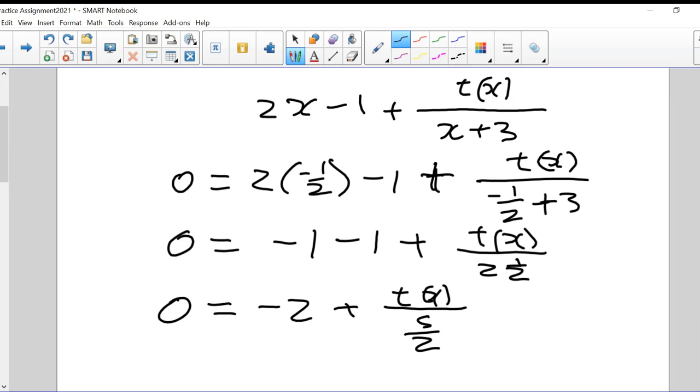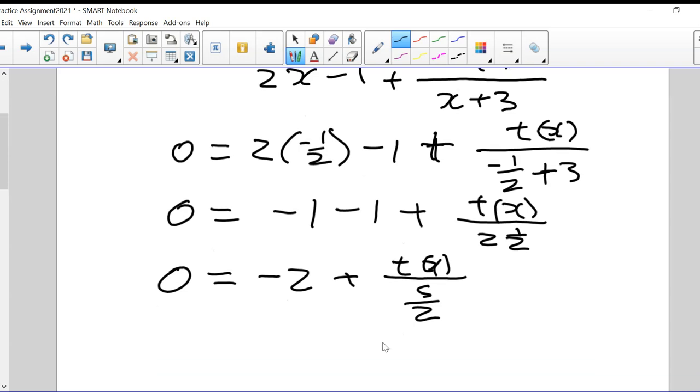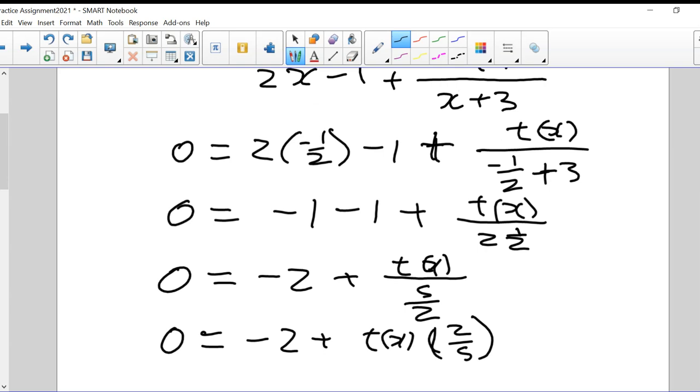And if I'm dividing by 5 over 2, it's the same thing as multiplying by its reciprocal. So I'm going to keep going here. So 0 is equal to minus 2 plus this t of x function multiplied by 2 over 5. All right?